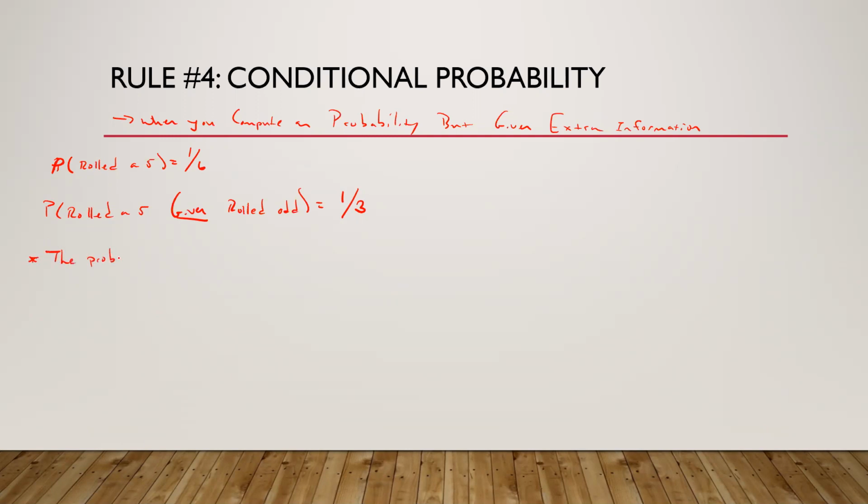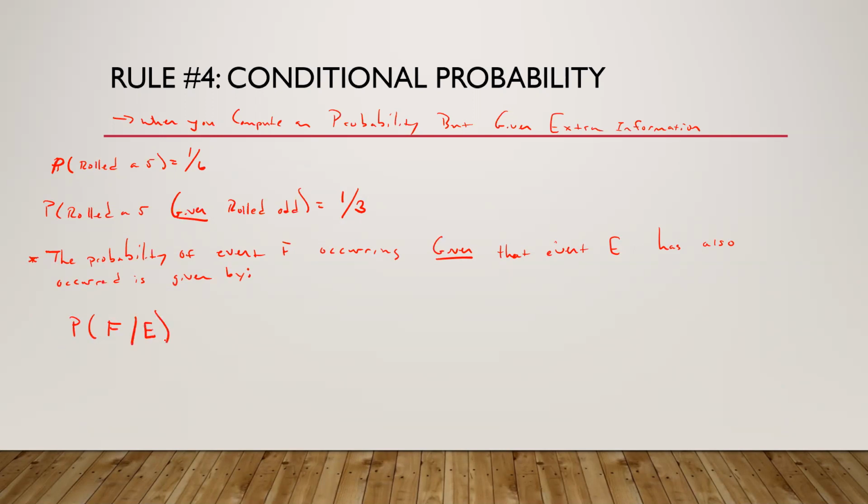The probability of event F occurring, given that event E has also occurred, is given by... So we write it as the probability of event F given event E. Whenever you see this vertical line inside a probability statement, it means the information is given.